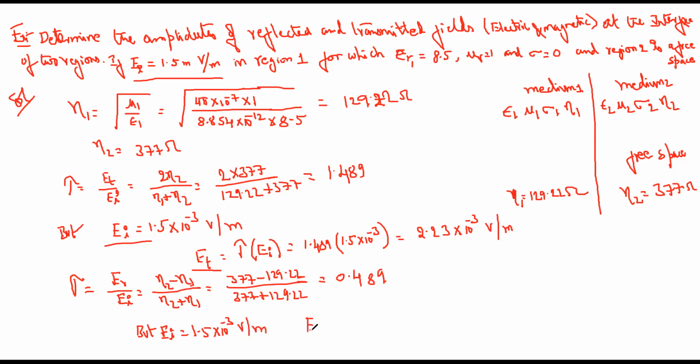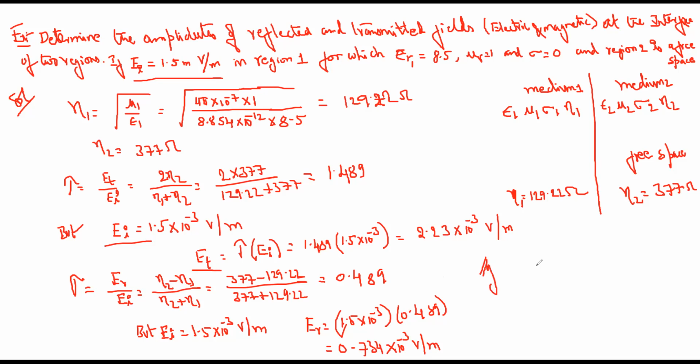Therefore, ER is equal to 1.5 into 10 to the power of minus 3 multiplied by the reflection coefficient 0.489. The value is 0.734 into 10 to the power of minus 3 volts per meter. So we got the ET and the ER for the given EI. Similarly for the magnetic field.